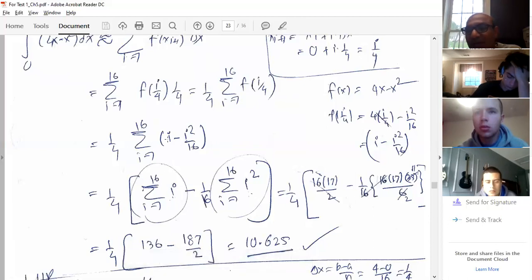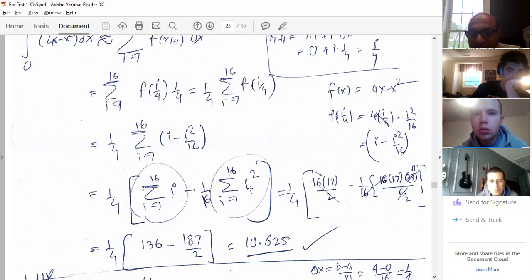Now what we are going to do is use summation. I gave you some of the properties of summation notation: the summation of a_i minus b_i equals the summation of a_i minus the summation of b_i. I'm going to use that property here. The first part is the summation of i, and the second part is the summation of i squared by 16.